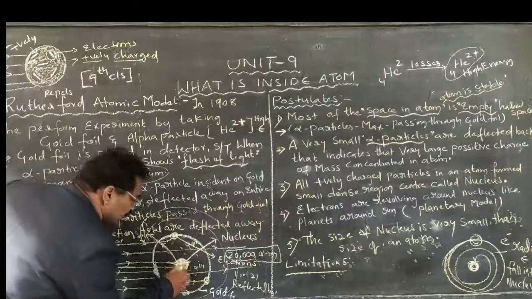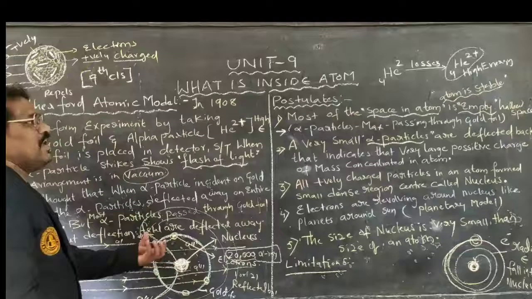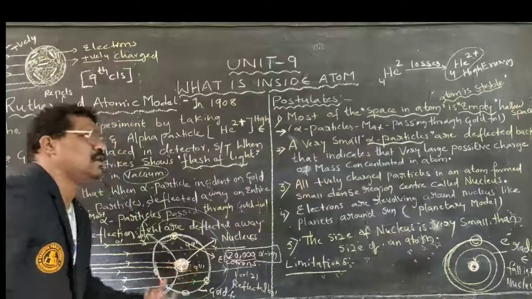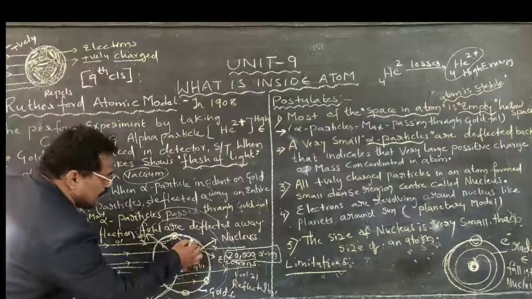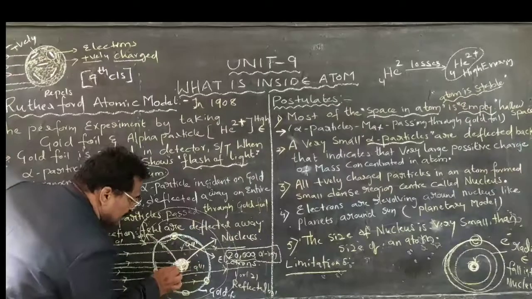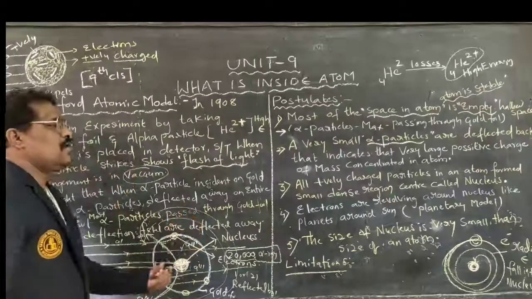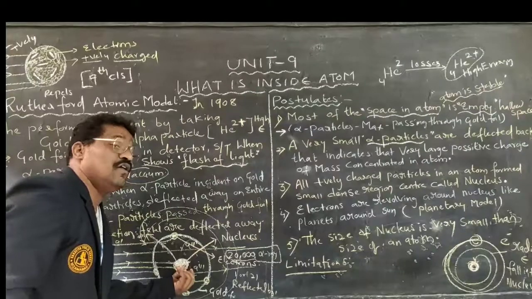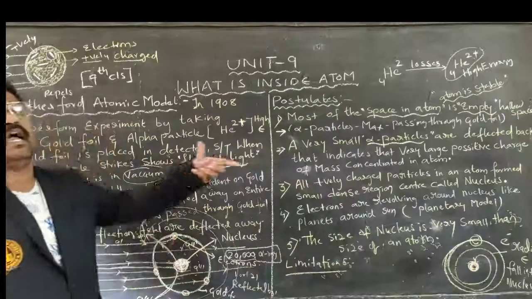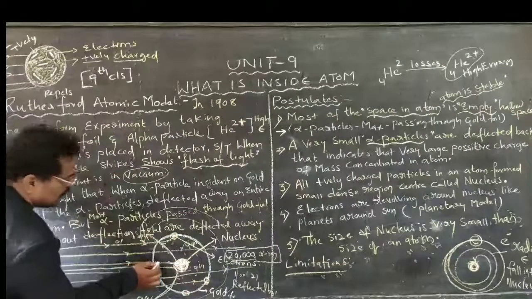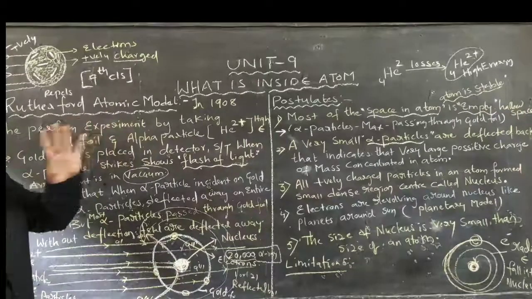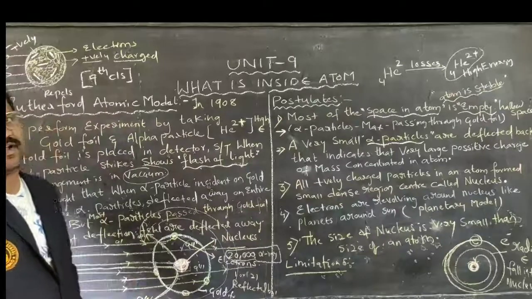Therefore, there must be a very large positive charge of mass concentrated within an atom. Inside an atom, there is a region where a large positively charged mass is concentrated. He identified this depending upon the alpha rays deflected back.